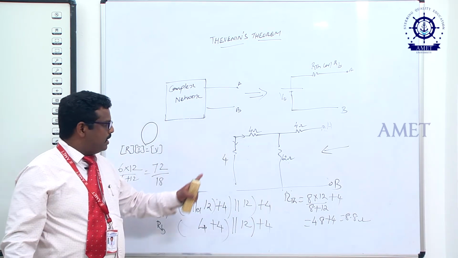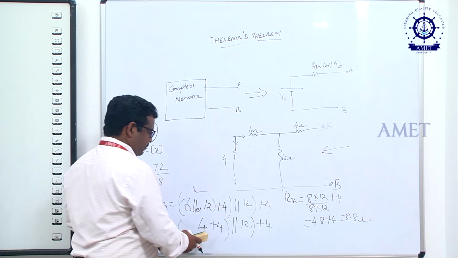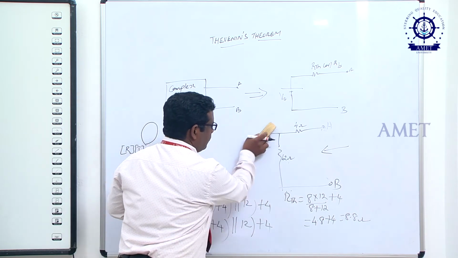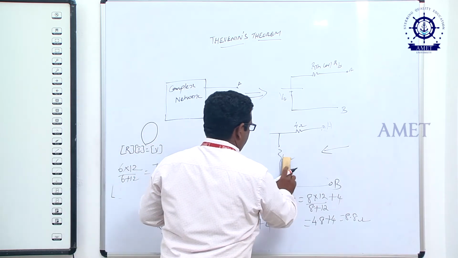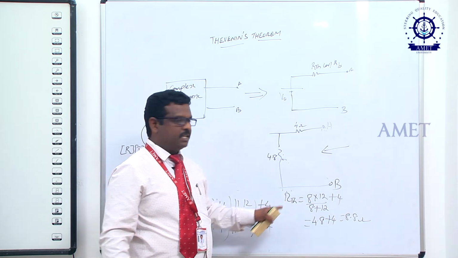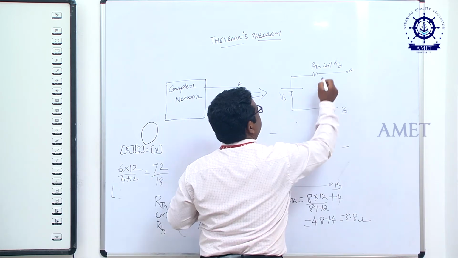Very simple. Now the 4 and 4 are in series, again that is 4.8. Now this and this are in series. So this will become 8.8 ohms.